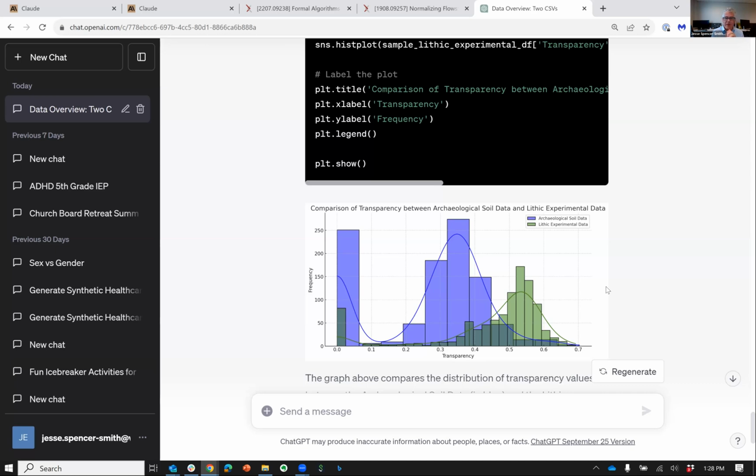And by the end of that half hour, we had a very good trained random forest model, which could reliably tell the difference between lithic microdebitage and soil. And yes, transparency was one of the most important factors there.